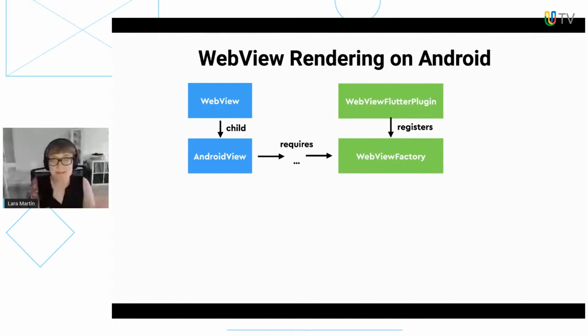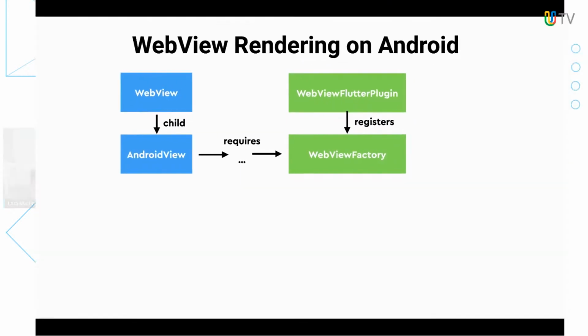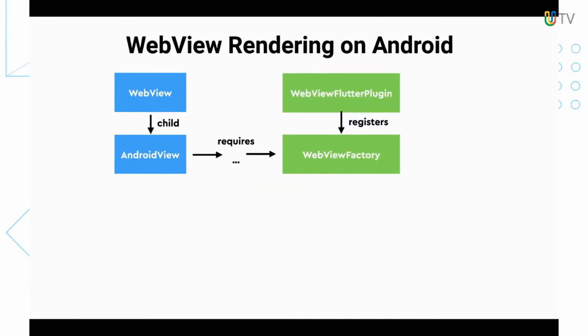On app start, when you start your application, the framework registers the WebView plugin on the Android side, and it gives it an ID to identify it. So when you need to create a native WebView, this plugin takes care of it. In our case, the Android view is contained in the Flutter WebView, and uses the same ID to tell the framework, please create a WebView.